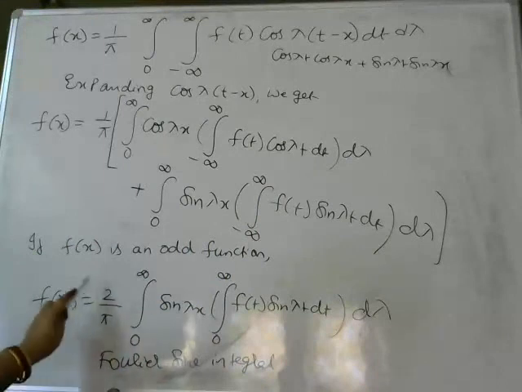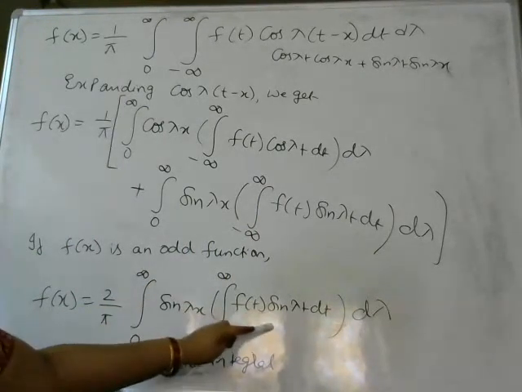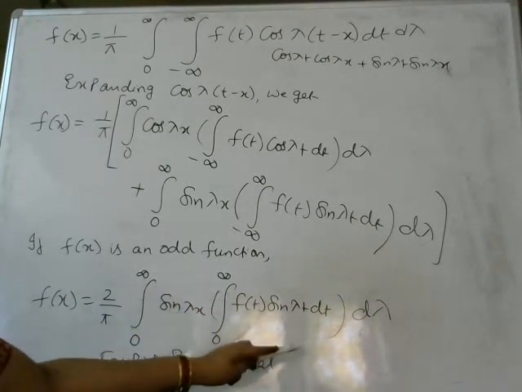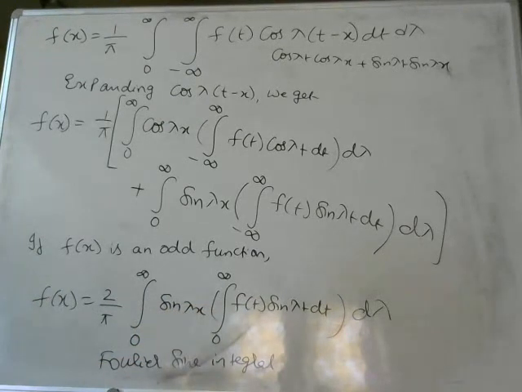So we are left with 2 times 0 to infinity f of t sin lambda t dt, with sin lambda x and 0 to infinity d lambda. This is called the Fourier sine integral. If you want to write the explanation clearly, you write in brackets: f(t) cos lambda t is odd, so the integral becomes 0; f(t) sin lambda t is even, so the integral becomes 2 times 0 to infinity.